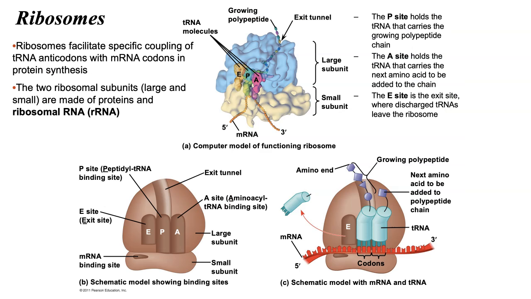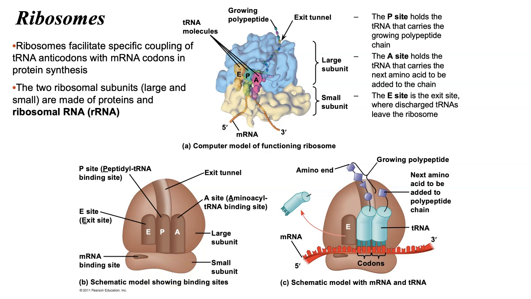So that was tRNA. Let's look at the ribosomes, which carry the rRNA. rRNA just means ribosomal RNA. So the ribosomes are what facilitate the coupling of tRNA anticodons with the mRNA codons. Ribosomes contain 2 subunits. They have a larger subunit and a smaller subunit.